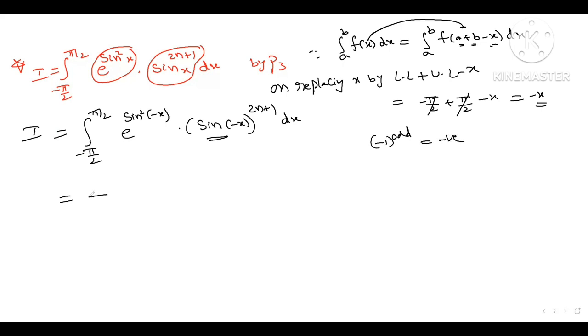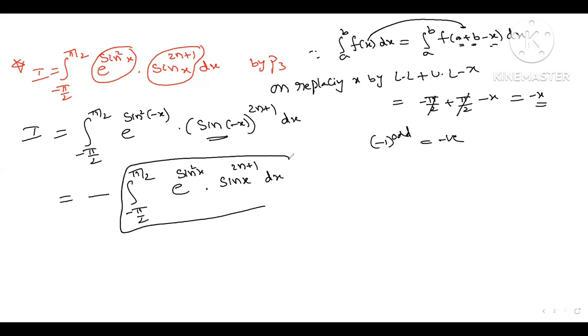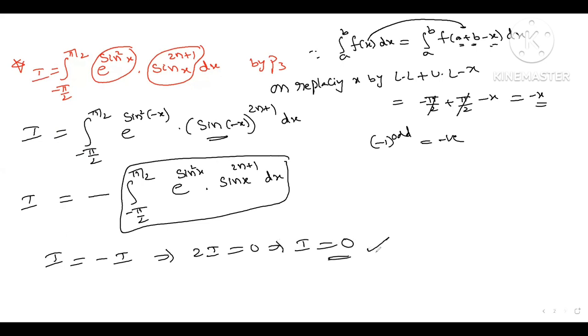So minus integral from minus π/2 to plus π/2 of e to the power sin square of minus x, which is sin square x, into sin x to the power 2n plus 1 dx. Okay, this is nothing but I. So I is equal to minus I. Sending it to the left side, we get 2I is equal to 0. So I is 0. This answer also will be 0.